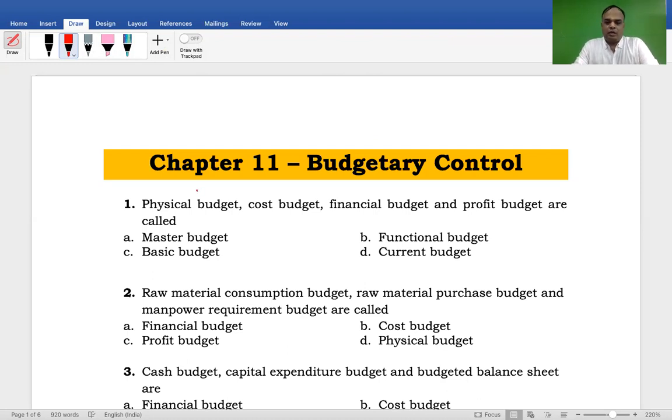Physical budget, cost budget, finance budget, and profit budgets are called: A. Master budget, B. Functional budget, C. Basic budget, and D. Current budget.